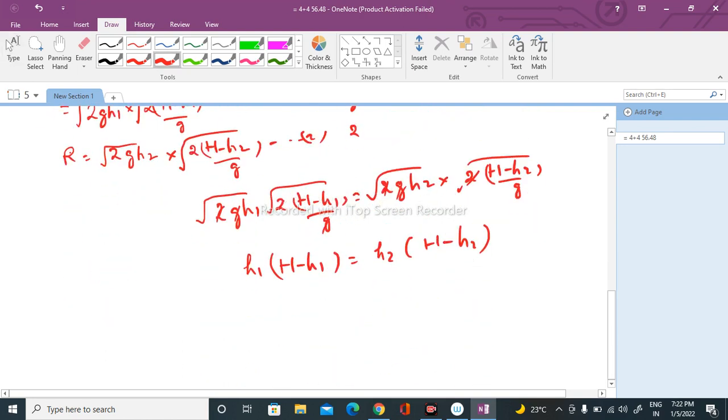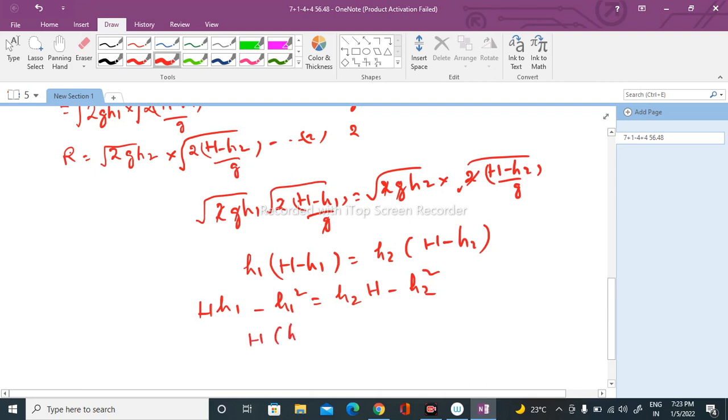So we can write here h into h1 minus h1 square is equal to h2 into h minus h2 square. I will take h1 square the other side and h2 this way.